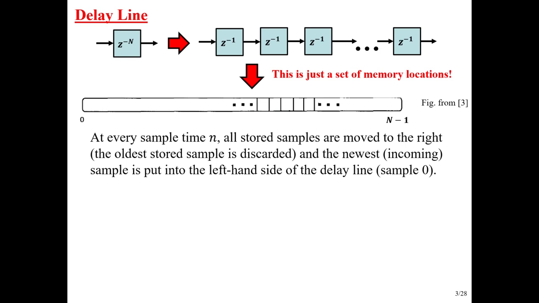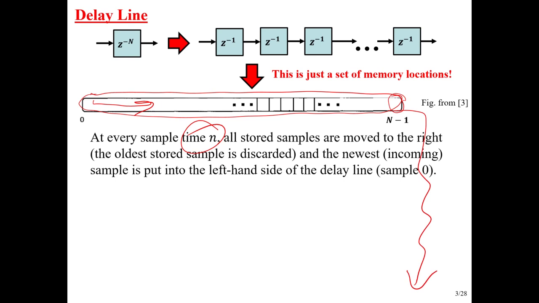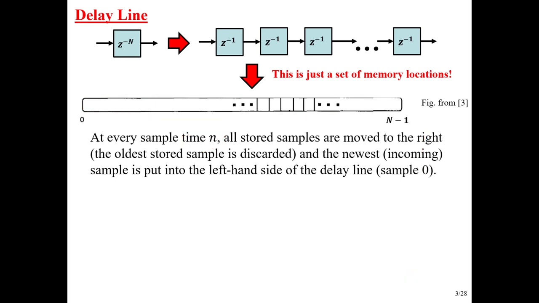So here's the idea. We have this sequence of memory locations, and at every sample time n, so let's say n represents now, we have previously stored a bunch of samples in here. And so what we're going to do is move everything to the right. And this last sample here is going to fall off and be discarded. So everything moves to the right, and that opens up the first location where the most recent sample will come in.